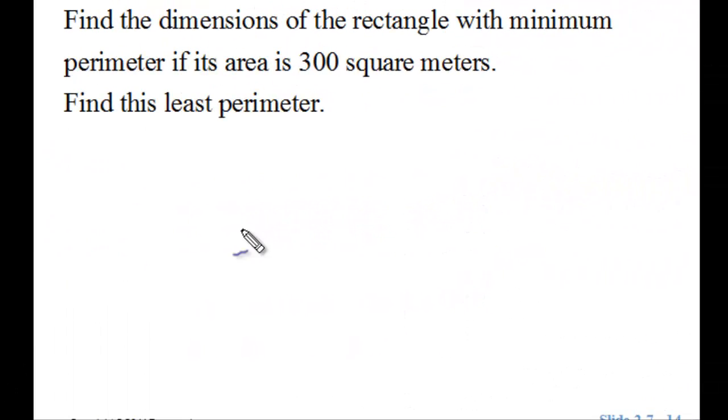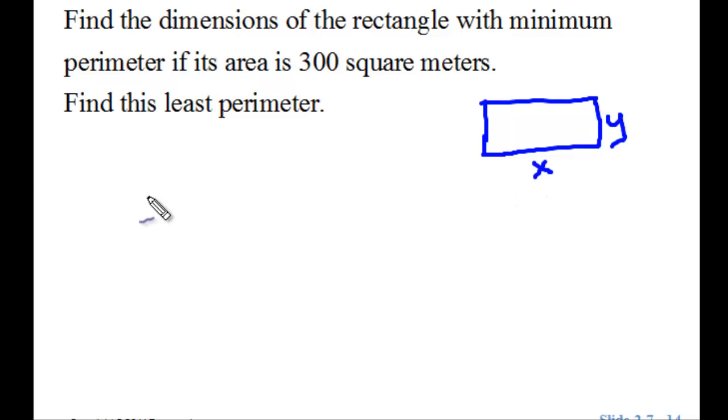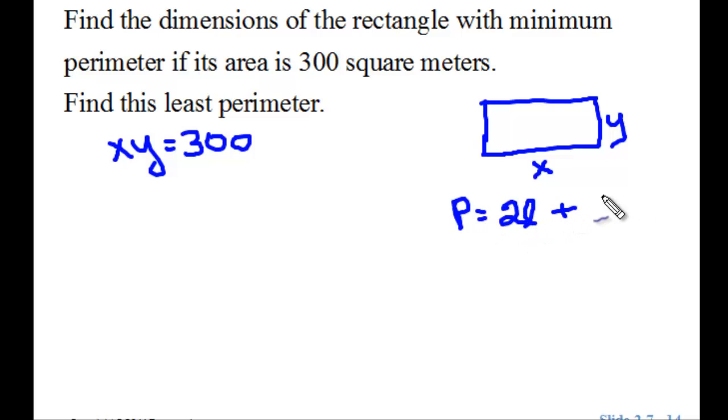One more, slightly different. The dimensions of the rectangle with minimum perimeter if its area is 300 square meters. Let's start off with, we have a rectangle. Looking at the perimeter, we have our x and y for the width. X times y is the area, and that's going to equal 300. We know that perimeter is 2 times the length plus 2 times the width.